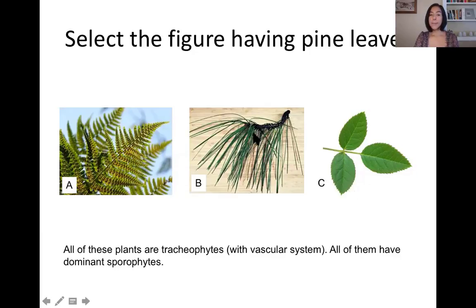So the pine leaves are also called needles, and they are going to have this kind of needle shape of the leaf, and some of them can be very long, like this long, or very short, like that. So those are a distinctive feature of pines, the presence of needles, as you can see in this figure.